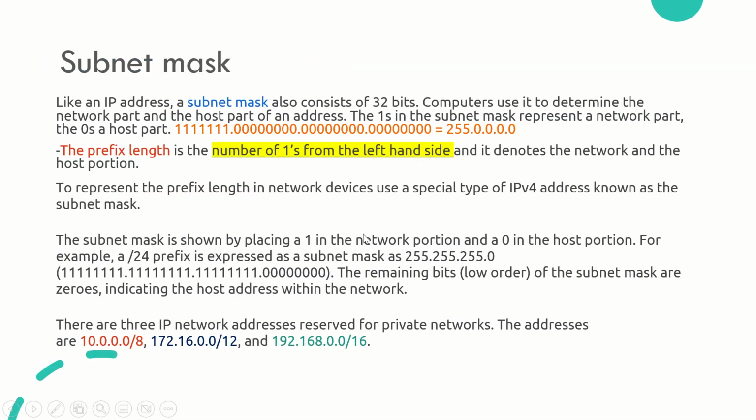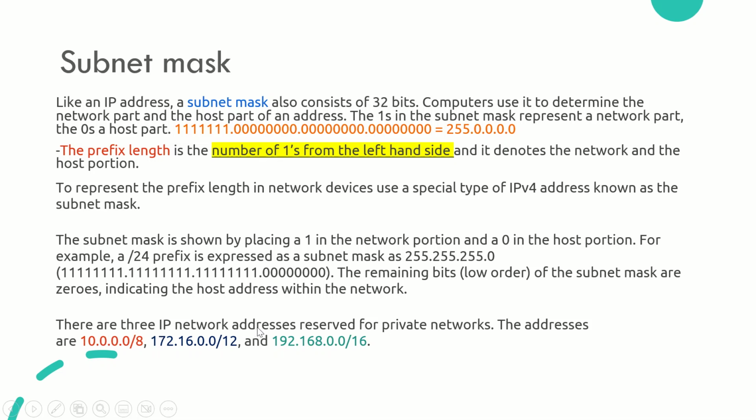Okay, and you can learn it. As I said, the remaining low-order bits of the subnet mask are zeros, indicating the host address within the network.